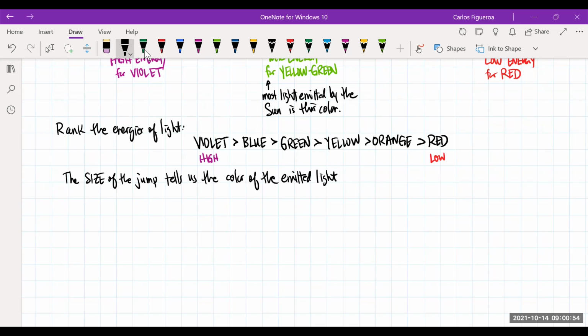In other words, the size of the jump is going to be proportional to the color emitted. So that's a statement that we can make.